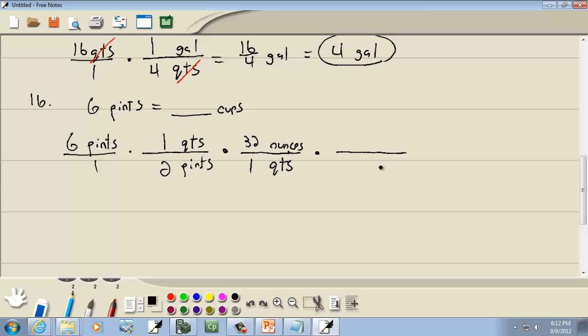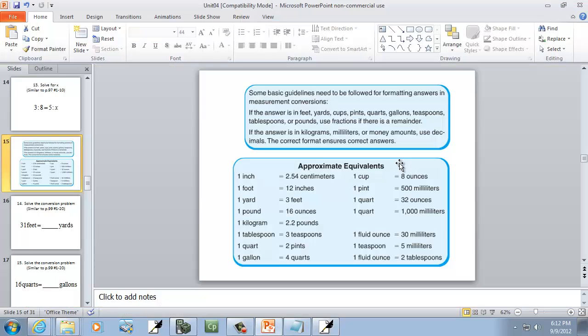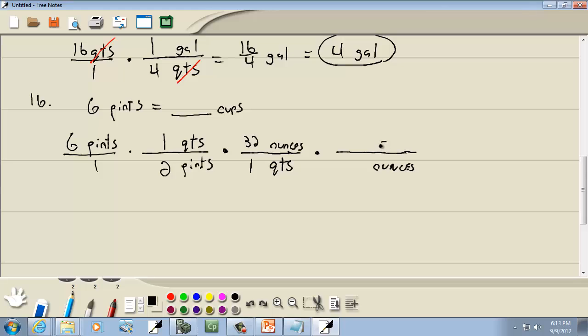This is ounces, so this is ounces. And up here we said, where's my cup? There it is. 1 cup is 8 ounces. So again, you have to look at how it flows. Here's pints to pints, quarts to quarts, ounces to ounces, then to cup.